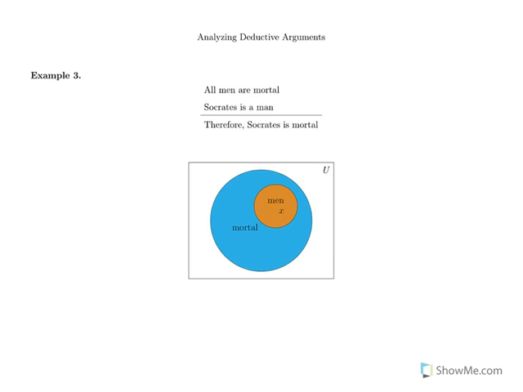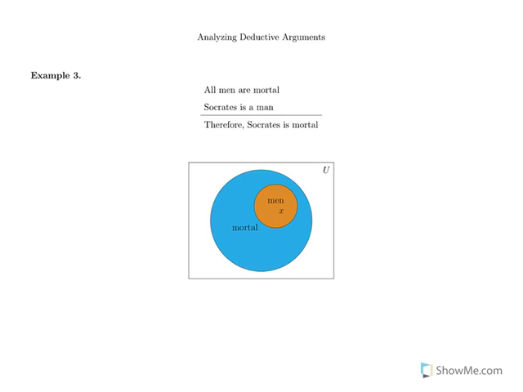So let's see an example. We're going to try to analyze some deductive arguments, these logical syllogisms, and we're going to see what pops out. So our first one we talked about, all men are mortal. Socrates is a man, therefore Socrates is mortal. So we put this in this kind of form, this if-then statement.